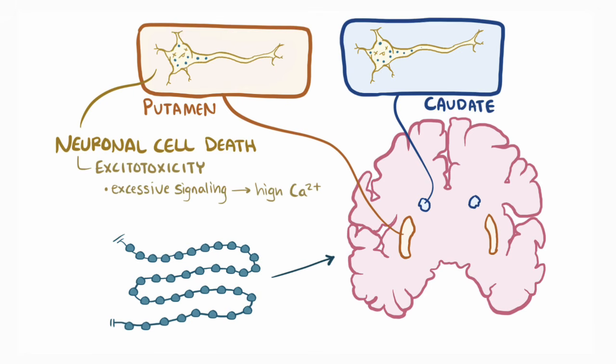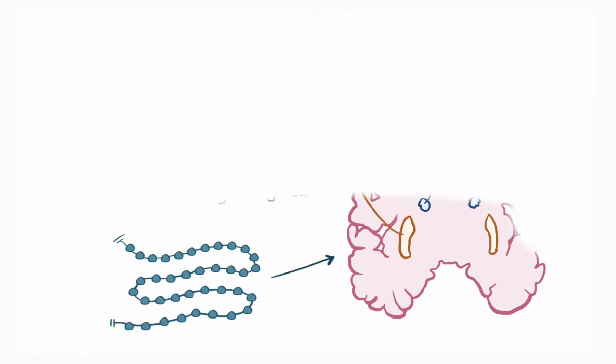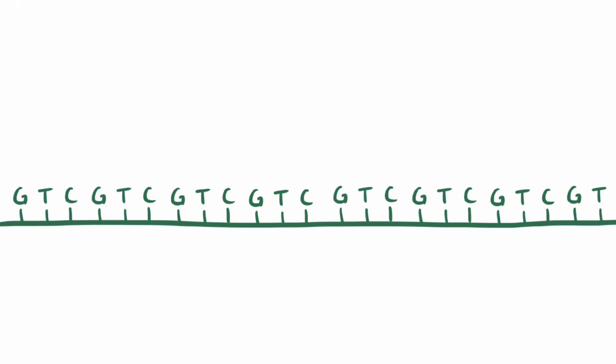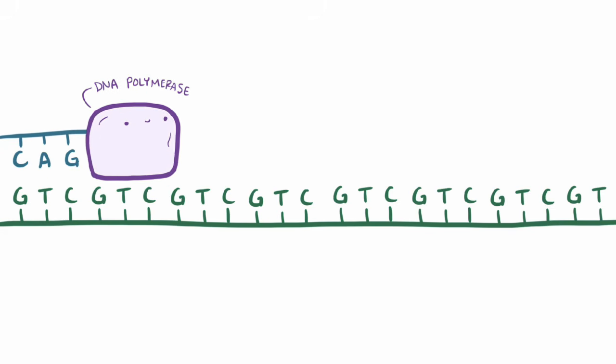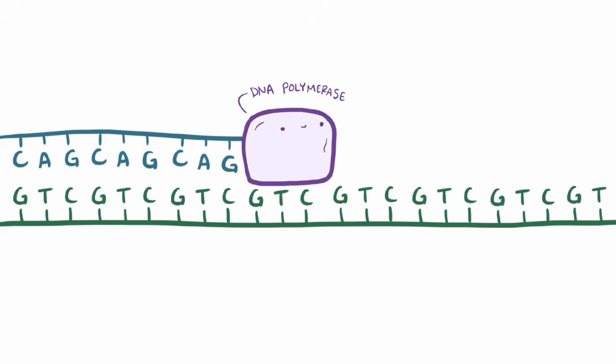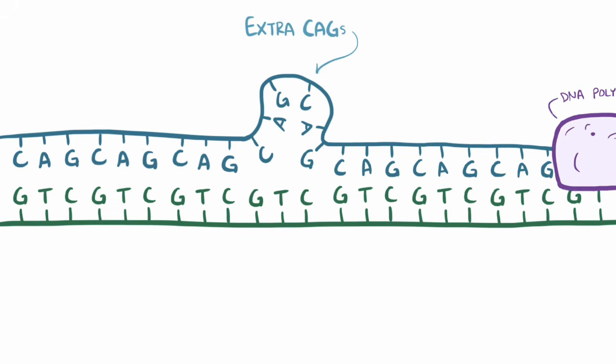The expanded CAG repeats not only affect the Huntington protein, they also affect DNA replication itself. When copying the HTT gene, DNA polymerase can basically lose track of which CAG it's on, and accidentally add extra CAGs.